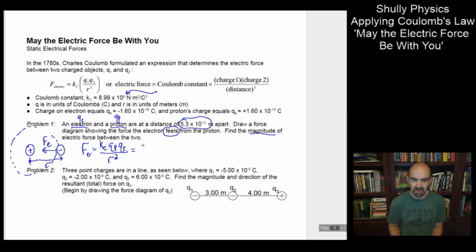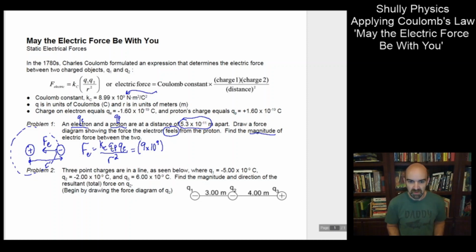You know what? I'm going to go out on a little limb here. Just going to say 9 times 10 to the 9th power. Not 9 times 10, not 9 times 9. 9 times 10 to the 9th power. Just shortening that a little bit. If you want to get real formal, use that 8.99 because that is the more accepted value there.